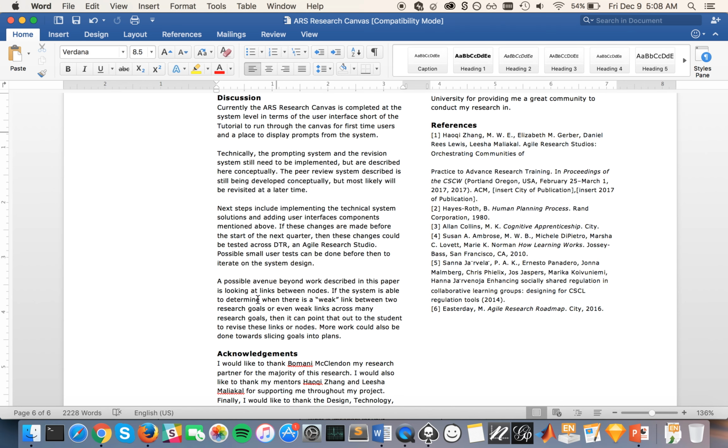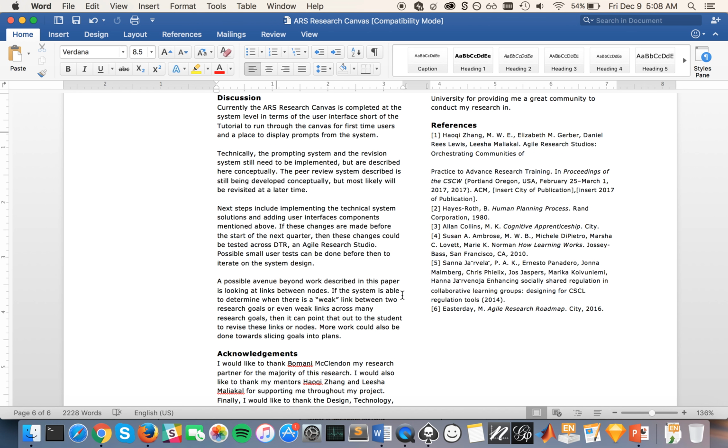Another possible thing is links between nodes. If the system can detect what is a weak link, because I could see that as a human and think about what the measures are to determine that, that would be really powerful as well. The big learnings are the research canvas and thinking about research goals.